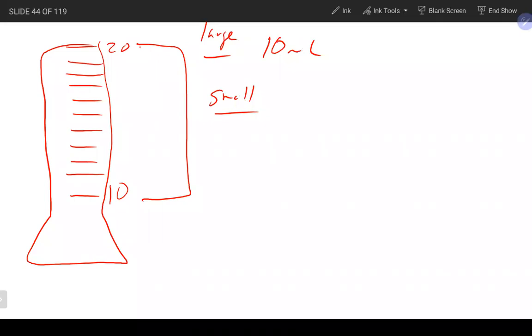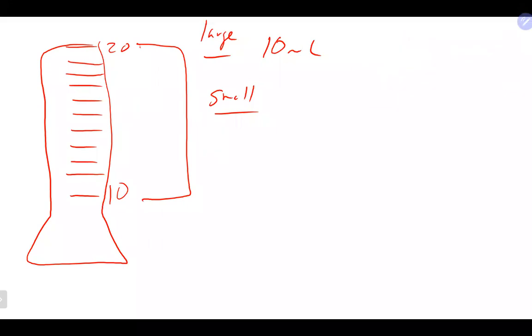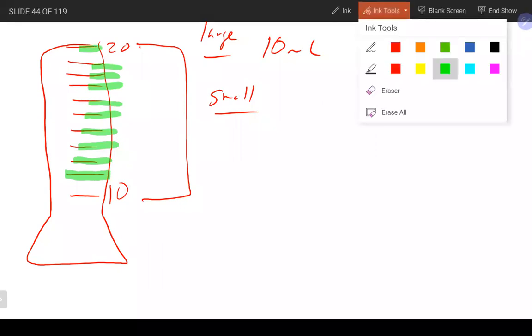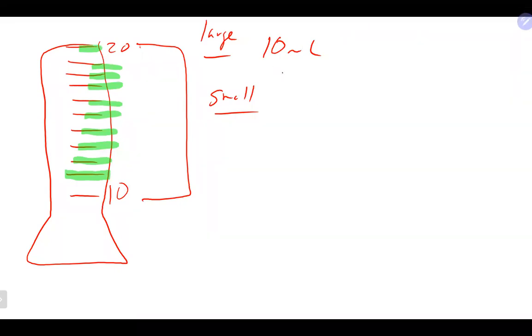And remember that when you count, we always count past the last marking. So that would be 1, 2, 3, 4, 5, 6, 7, 8, 9, and 10. There are 10 markings in this case. So you can take 10 divided by 10, and that tells you that each of the smallest markings represents 1 milliliter in this particular case.